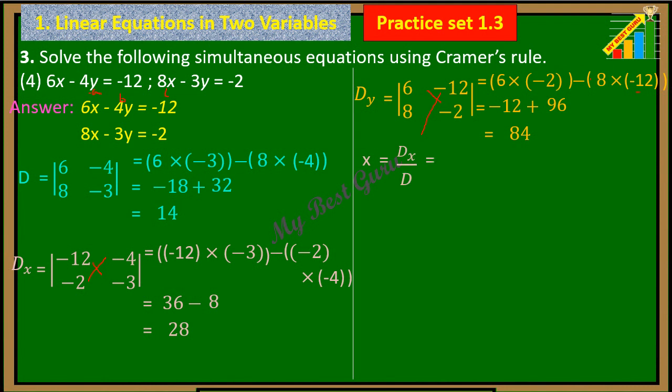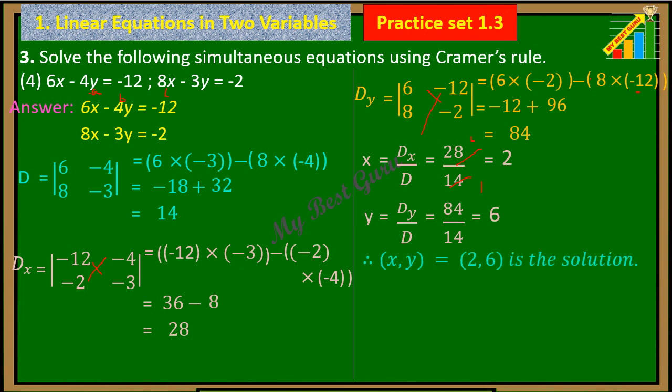Now for finding the value of x and y, we have the formula x is equal to Dx upon D. So put the value of Dx and D in this. So Dx is 28 and D is 14. So 14 ones are 14 and 14 twos are 28. So the value of x is 2.